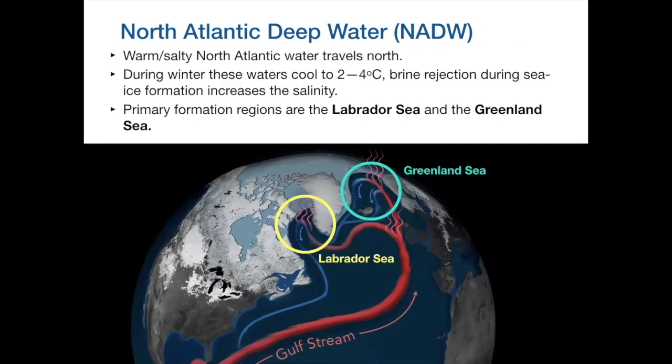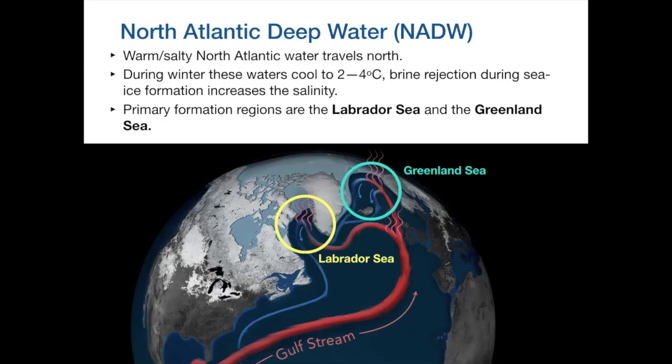North Atlantic deep water is formed when warm, salty water travels north, so the Gulf Stream, which we'll talk about in a subsequent video. And during winter, the water cools and sea ice forms. So primarily seasonal sea ice, and then that can become long-term sea ice.